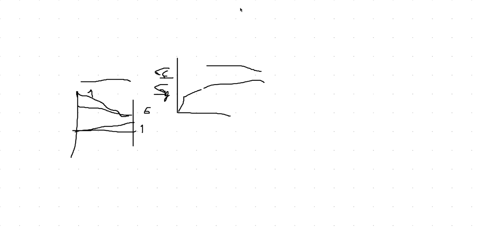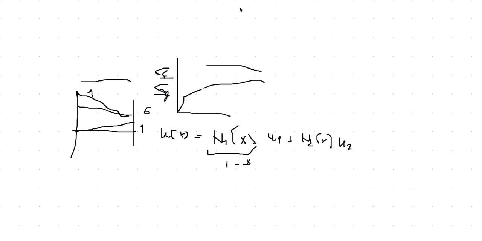So I have a displacement field u of x equal to N1 of x, which is 1 minus x over L, times u1, the displacement of the first node, plus N2 of x times u2, the displacement of the second node. So this is 1 minus x over L, and this is x over L.